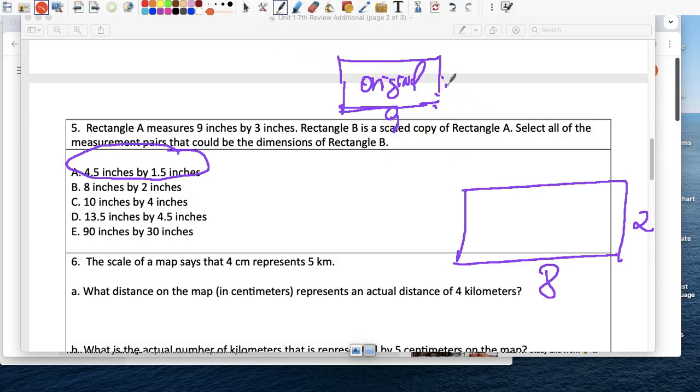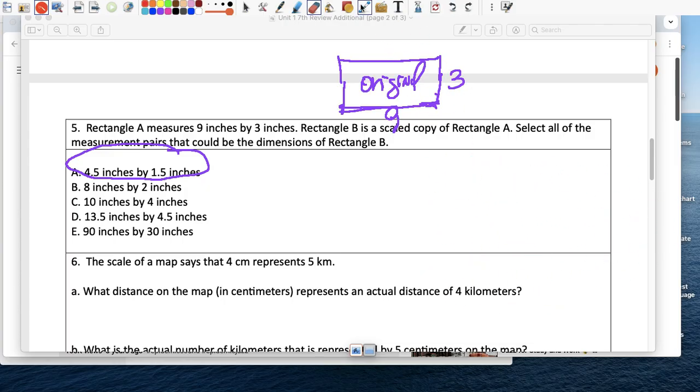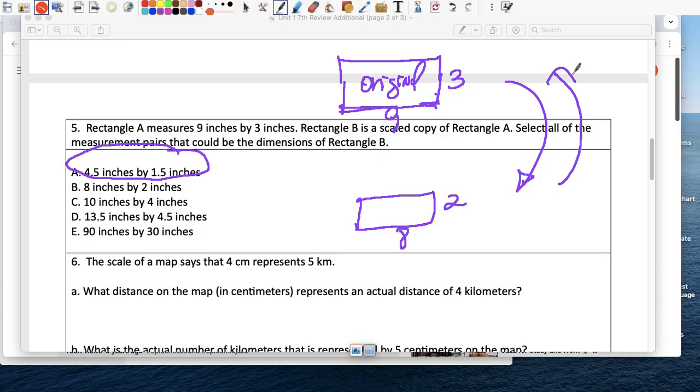This is 9, and this is 3. All right, so you have to determine, this is the original one. It's not the scale, so somebody made a rectangle and said, hey, this is 8 and this is 2. Well, you can look at it going this way or going that way, whichever one, it doesn't really matter.